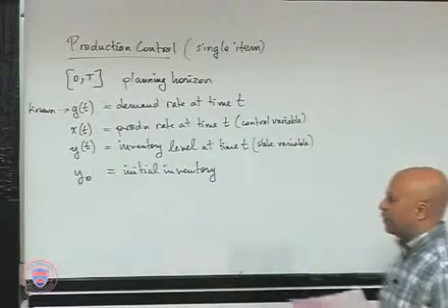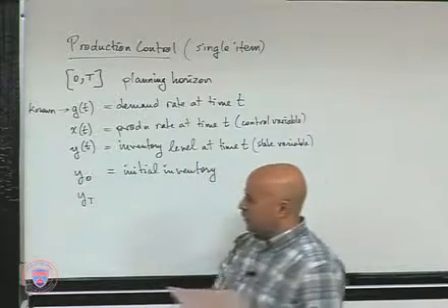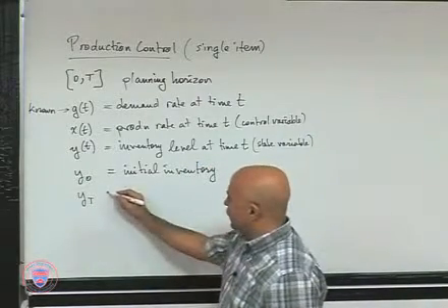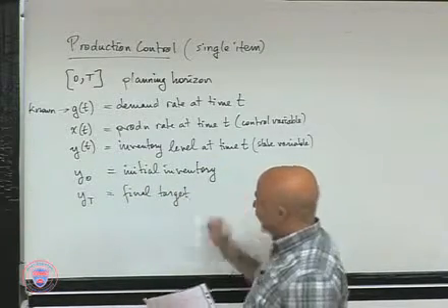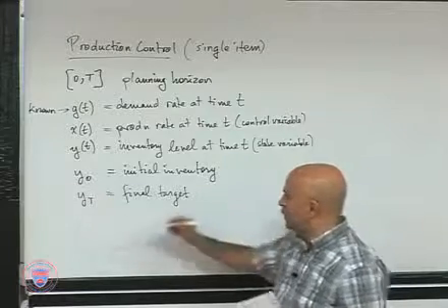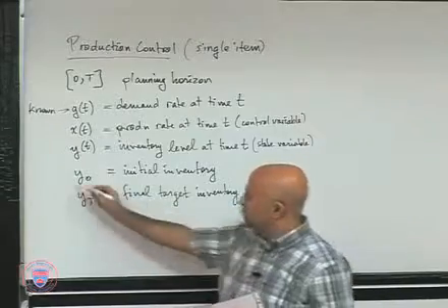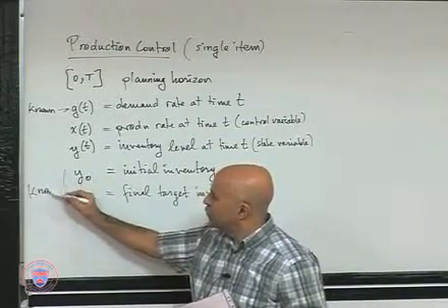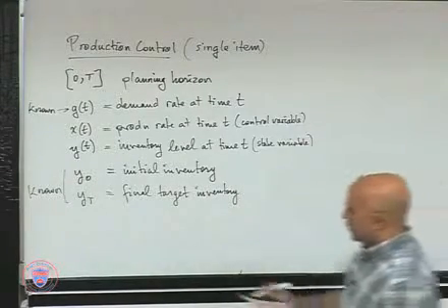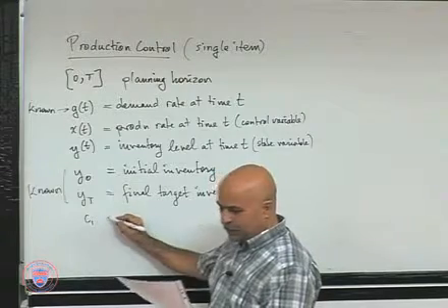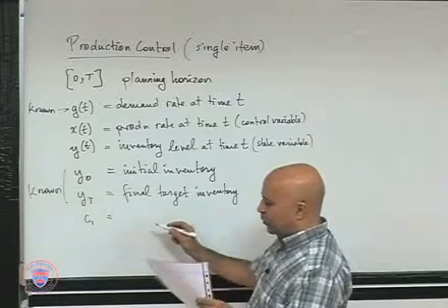So just think of it that way. y of T is your final target inventory, if there's a target. If there's none, you may make it a variable. These are also known, or you specify them numerically. What else? Let's assume we have a simple-minded cost structure here. c1 is the holding cost per unit stored per unit time.